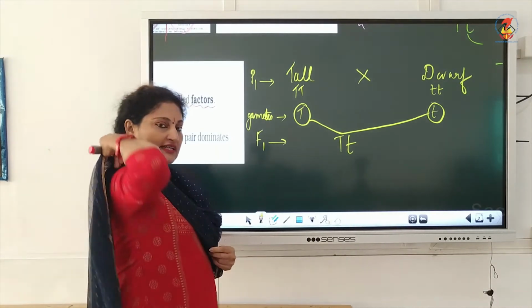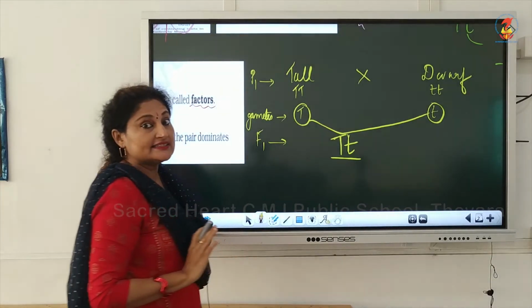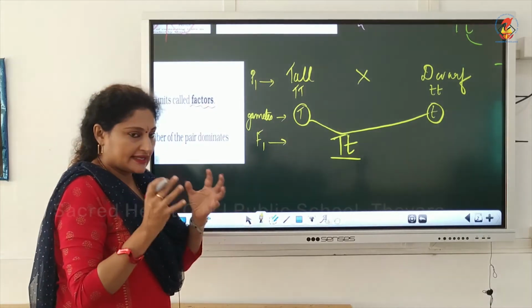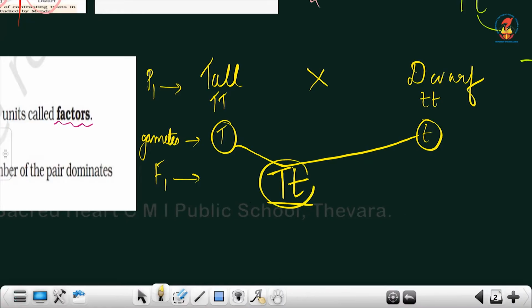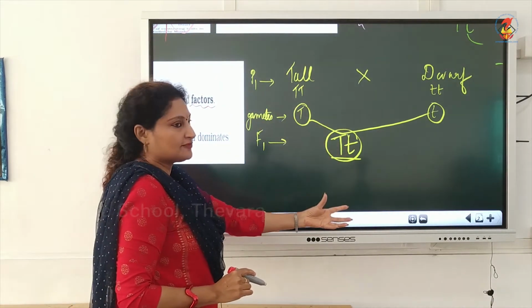Now the law states that when 2 dissimilar alleles, see there are 2 dissimilar alleles, capital T is one allele and small t is another allele. Are they similar? No, they are dissimilar alleles. When two dissimilar alleles occur in a pair, so now they have occurred in a pair, what happens? One allele expresses itself because it's dominant.